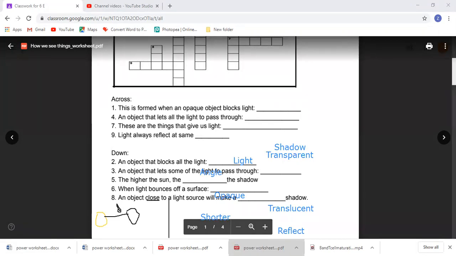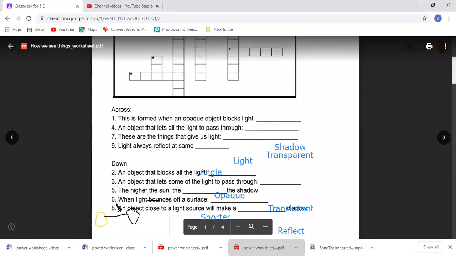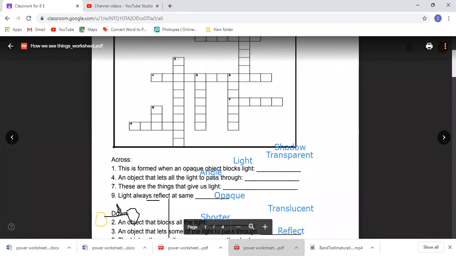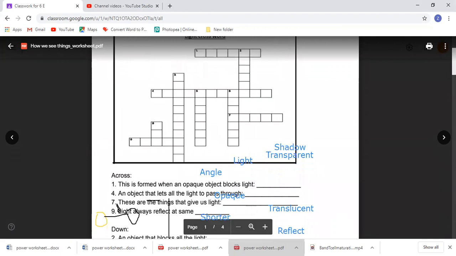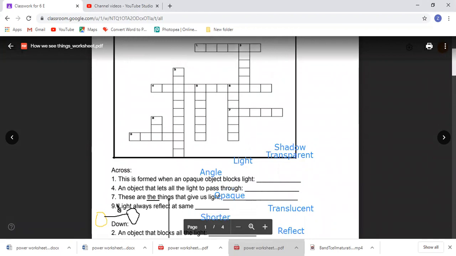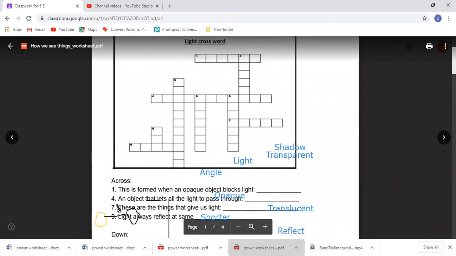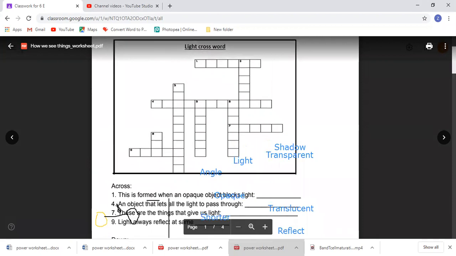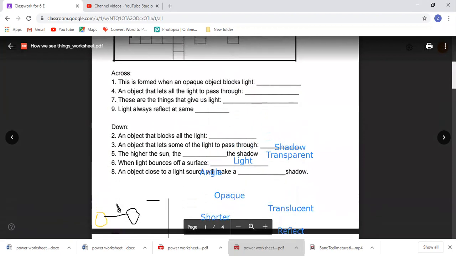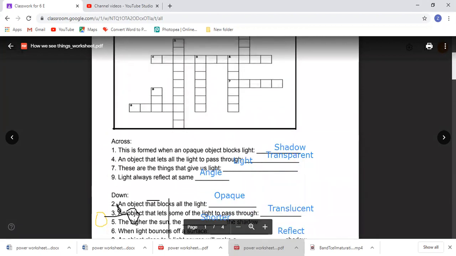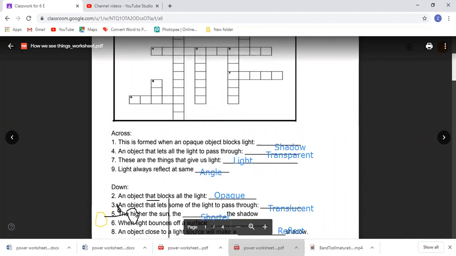So let's see if the word larger can fit over here. So this is 8. So where's 8? Same angle.